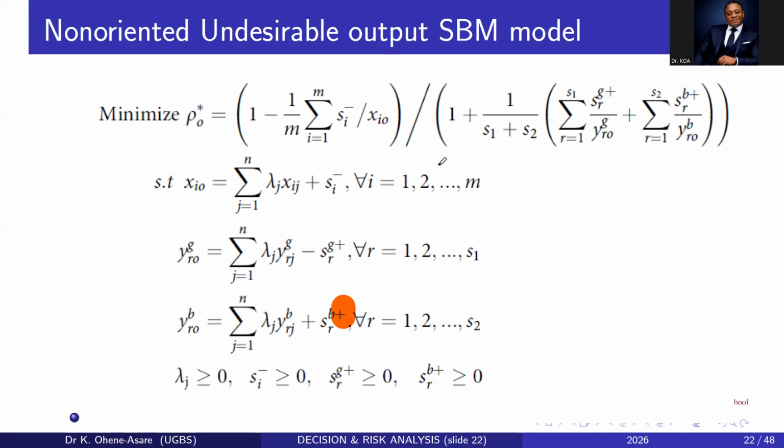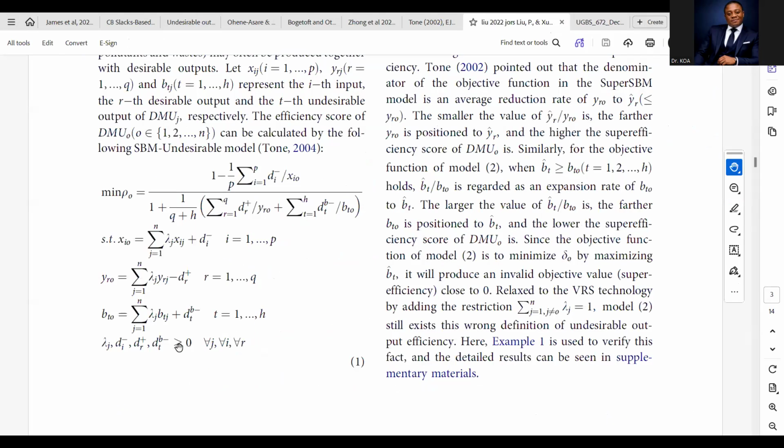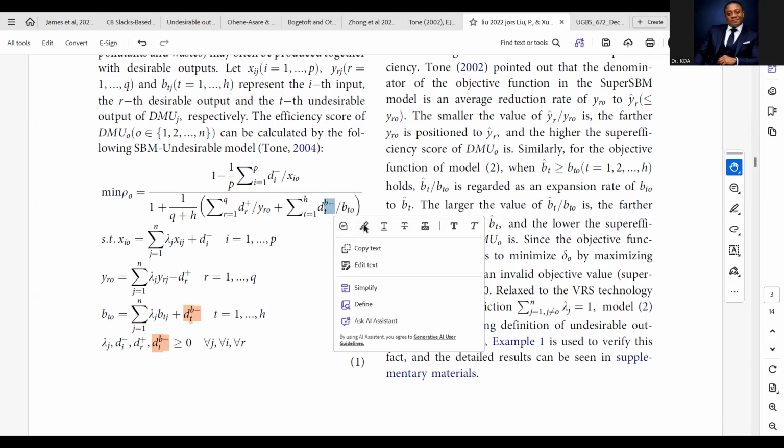Now, again, let me just go back quickly. When I take you back here, you will notice that that is the same B minus here. The same B minus, and then even in here is still B minus. And then even up here in the objective function is B minus.